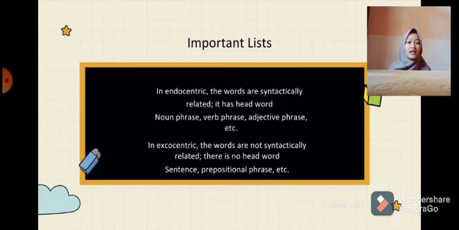The second, noun phrases, verb phrases, and adjective phrases belong to endocentric construction. And the third, in exocentric constructions, the words are not syntactically related, so there is no head word. For example, sentences and prepositional phrases.